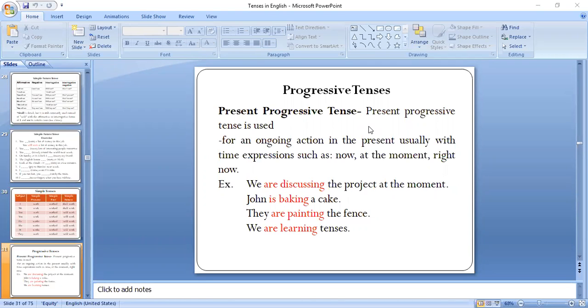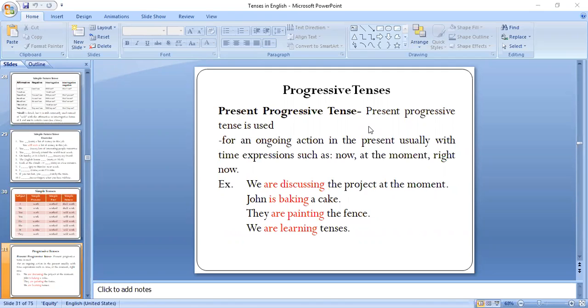So for an ongoing action in present, usually with time expressions. आणि टाइम एक्सप्रेशन्स कुठले असतात तर now, at the moment, right now. These are the time expressions we use for the present progressive tense, or the continuous present tense.